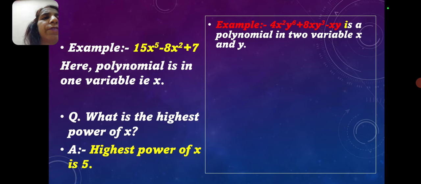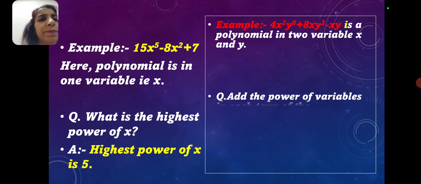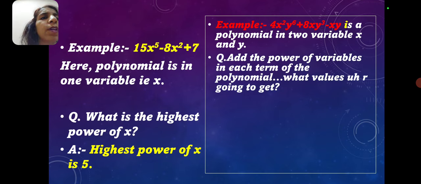4x square y raised to 6 plus 8x y raised to 3 minus xy is a polynomial in two variables, that is x and y. So add the powers of variables in each term of the polynomial. What values are you going to get?